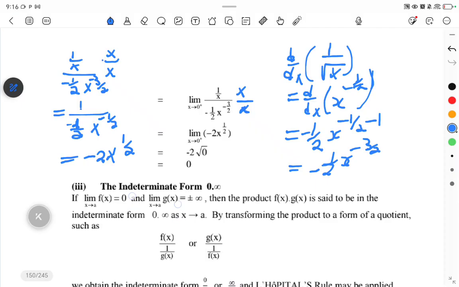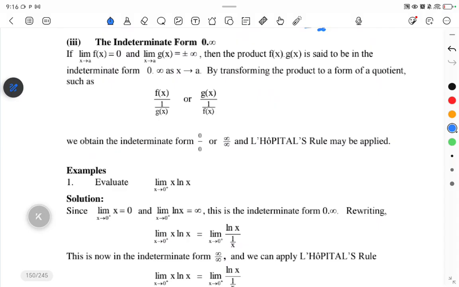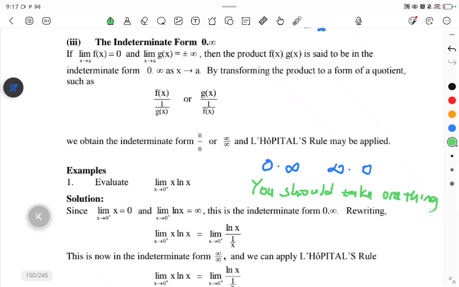Now we come to this one, the indeterminate form of 0 times infinity. Always, if you get 0 times infinity or infinity times 0, this tells you that you should take one thing to the denominator.